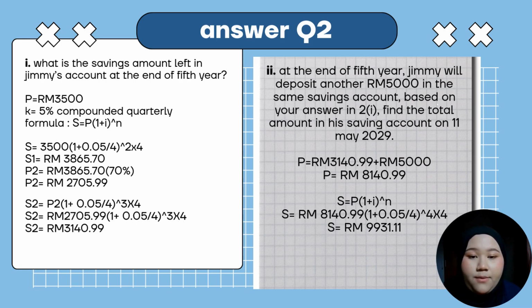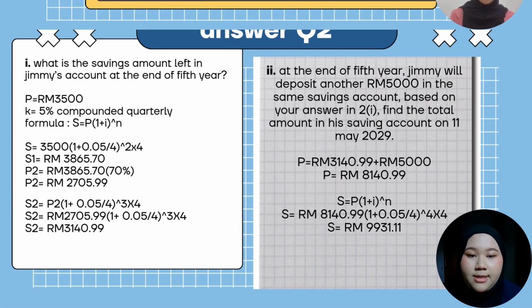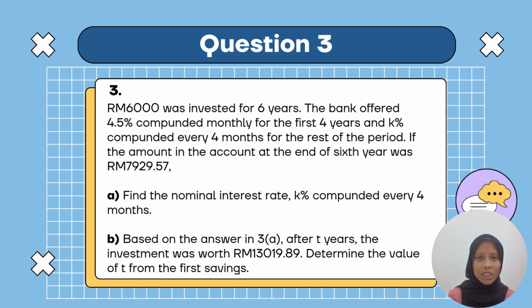The total of P will be RM 8,140.99. So the total on 11 May 2029 will be RM 8,140.99(1 + 0.05/4) to the power of 4 times 4. So the total is RM 9,931.11.